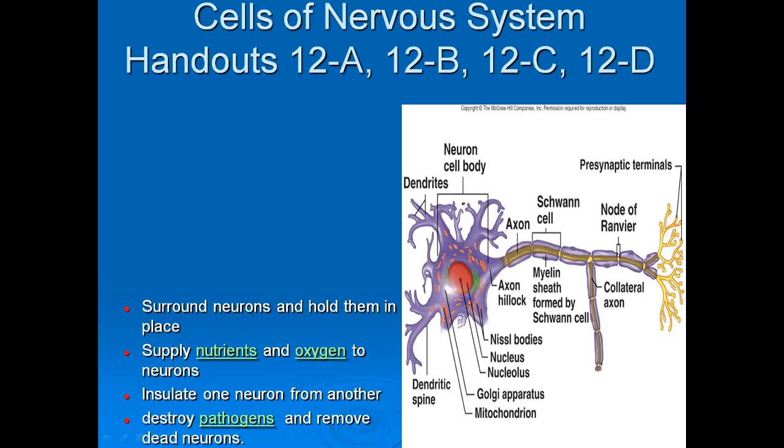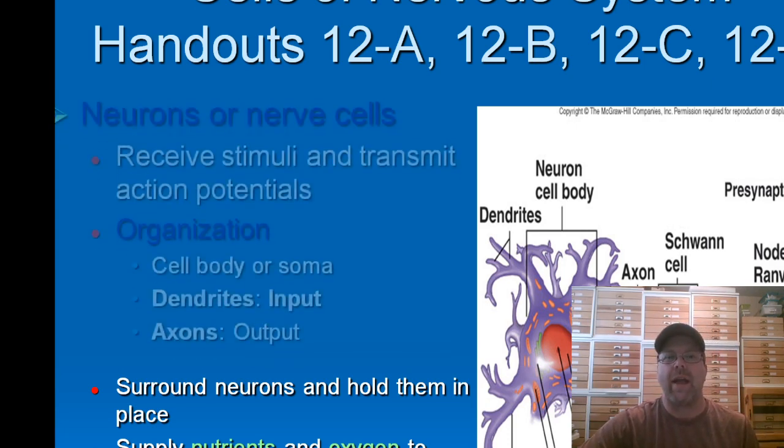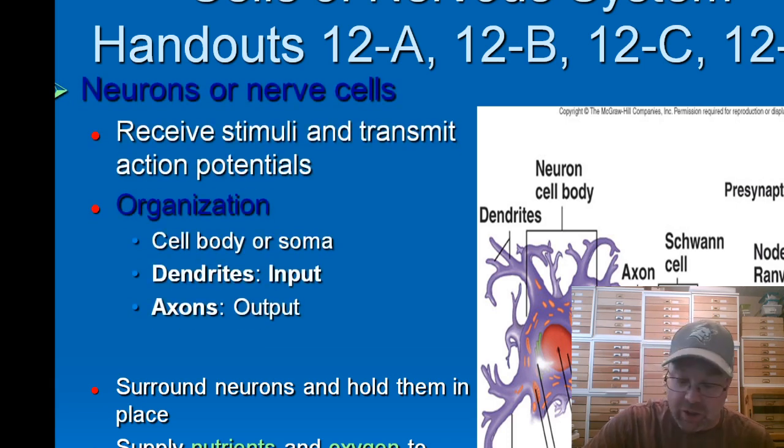Okay, so let's get into our first handout, well, actually our first 4 handouts. Most of the handouts in this chapter, honestly, are just going to be talking about the cells of our nervous system.